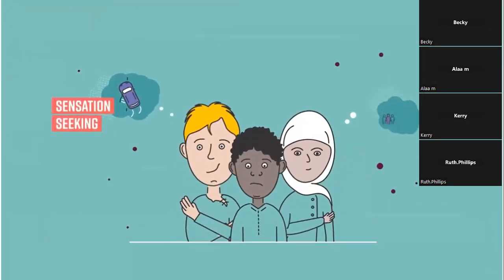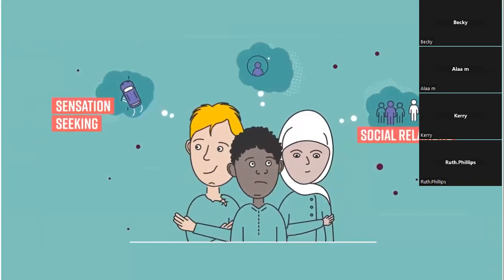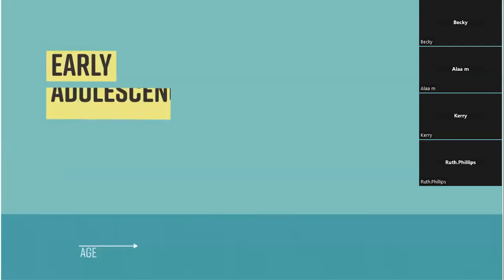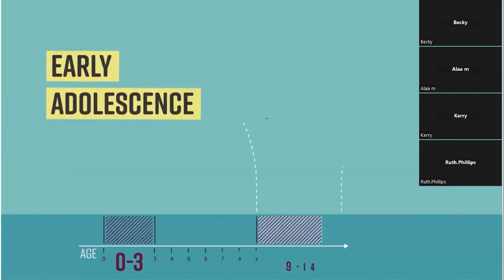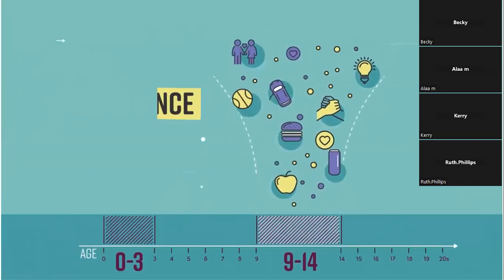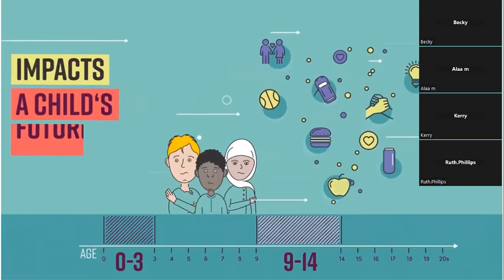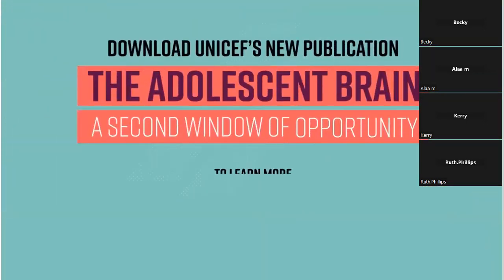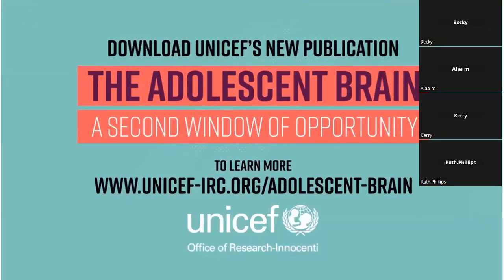Increased sensation-seeking, interest in social relationships, and exploration of identity all begin to emerge. Early adolescence brings on broadening experiences, acquisition of new skills, and formation of social networks that will have lasting impacts for the rest of a young person's life. To learn more, download the new publication, The Adolescent Brain, a second window of opportunity, on the link below.